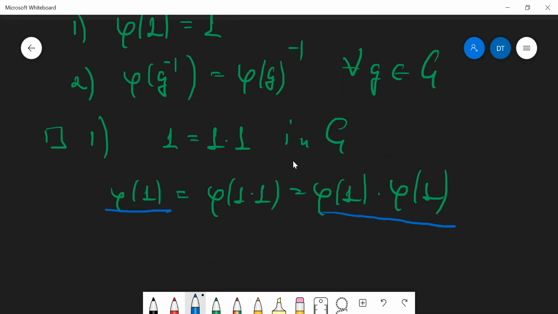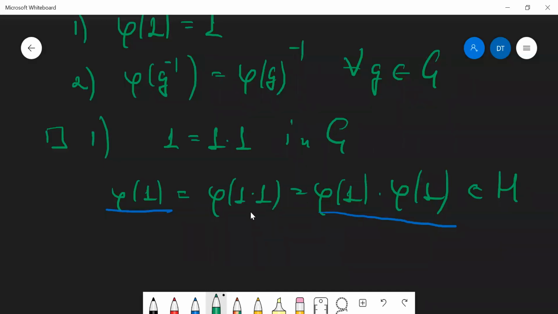And we have this equals this. But now, all these elements, they live in the group H. And in the group H, each element is invertible by the definition of the group.